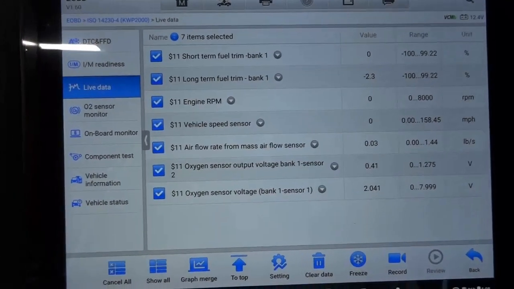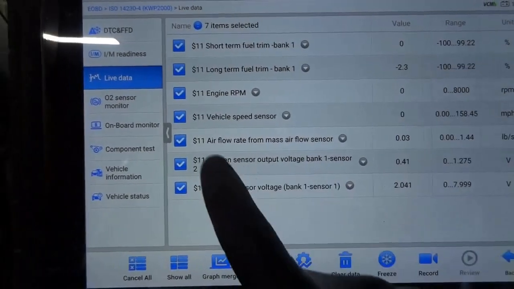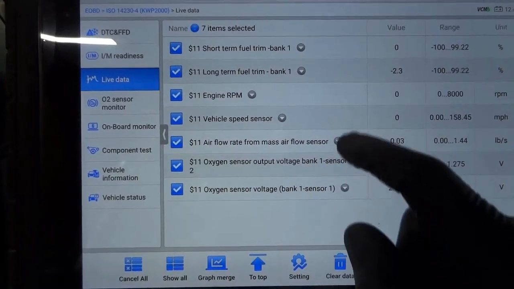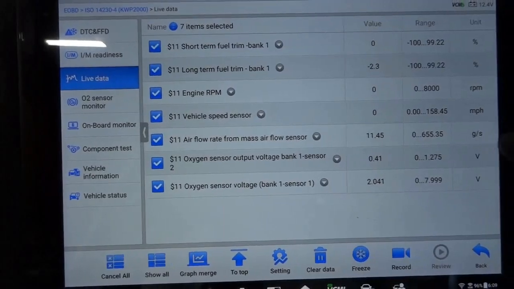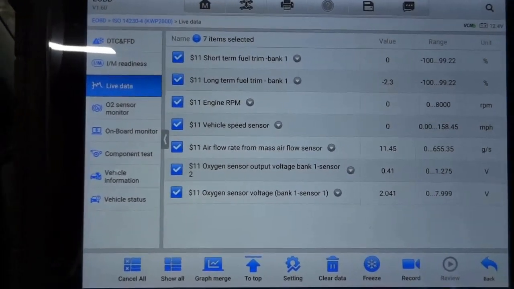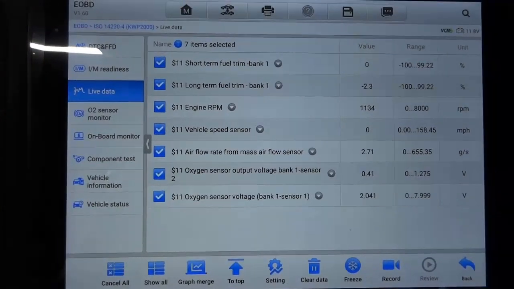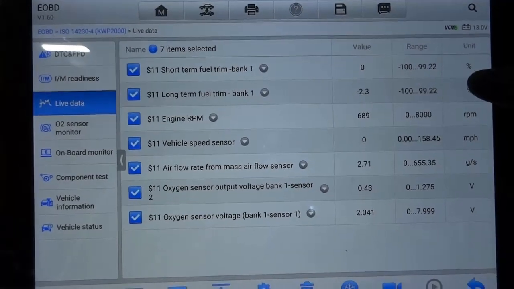So right now I'm gonna focus on our fuel trim numbers and then the mass airflow sensor data pad. Actually, let's change this value to grams per second. So now I'm gonna start the engine. So let's watch these fuel trim numbers first.